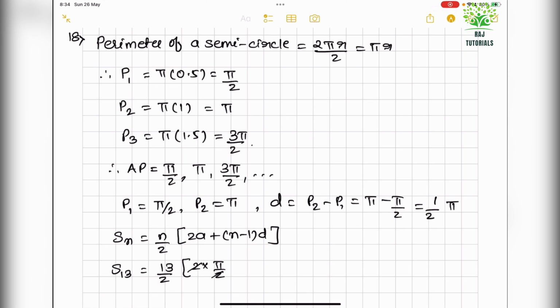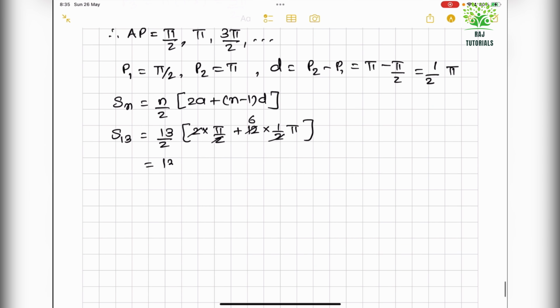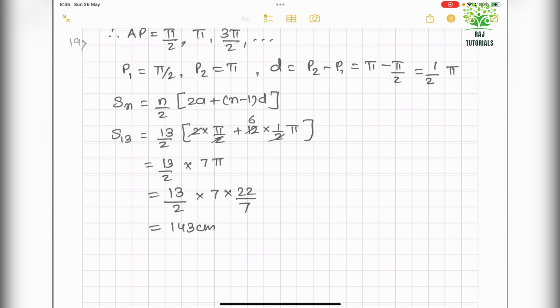So pi by 2, so 2 cancel, plus 13 minus 1, 12, into d. D is half pi, so 6. So that will be 13 by 2 into pi plus 6 pi, so 7 pi. So if I solve this, 13 by 2 into 7 into 22 by 7, that will come to 143 centimeter.